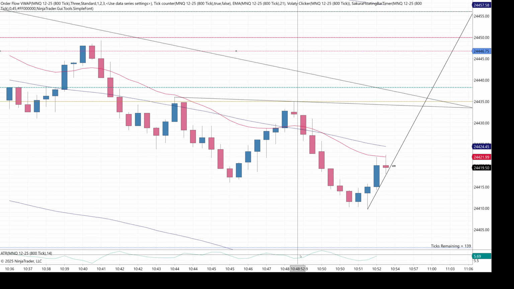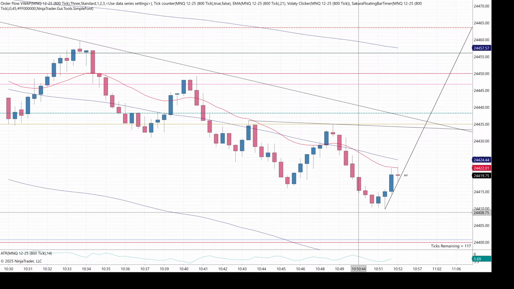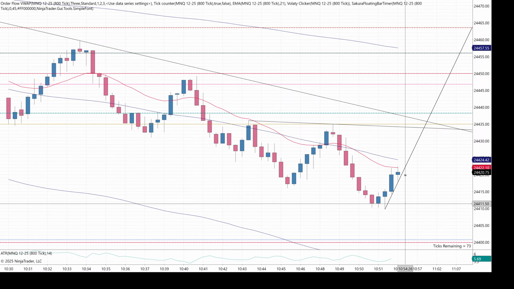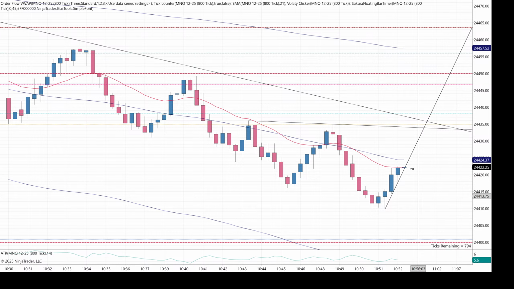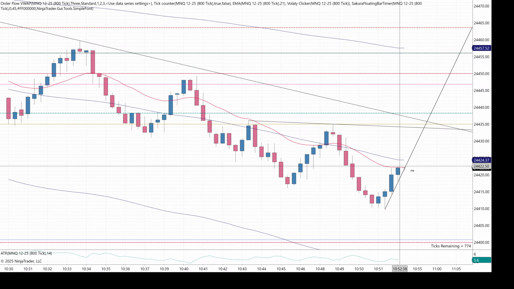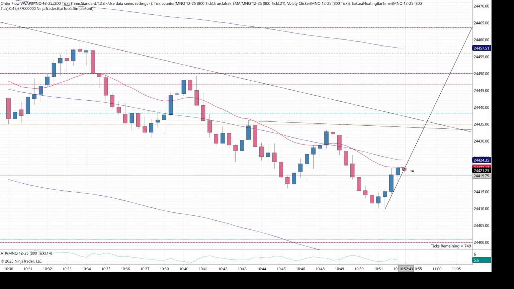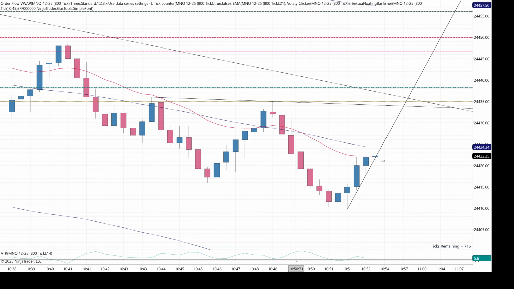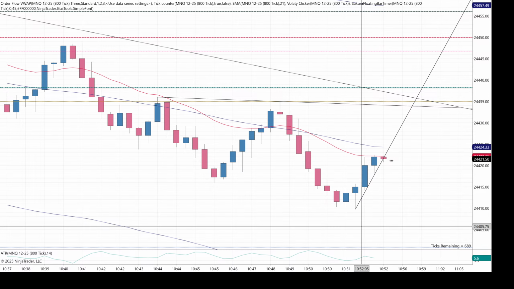This candle could go either way. Okay, it didn't close above it here, so I can't take it north. But we could be getting this bearish candle going south. So let's see what the market wants to do.